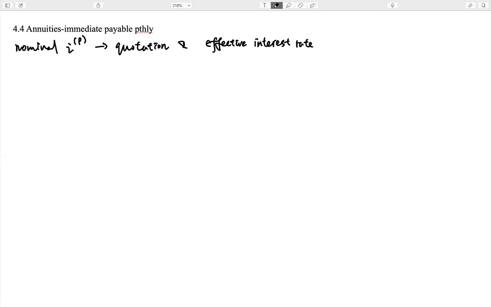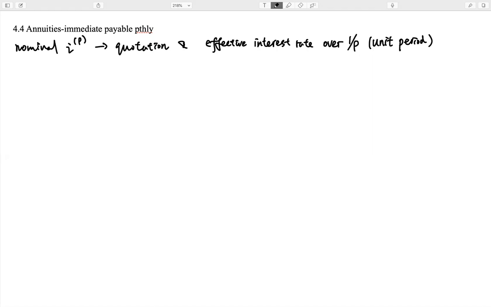So this is now our new unit period. In all previous chapters, we set P to be 1, so 1 over P is just 1 year. So we always dealt with I upper P being the same as I, right?